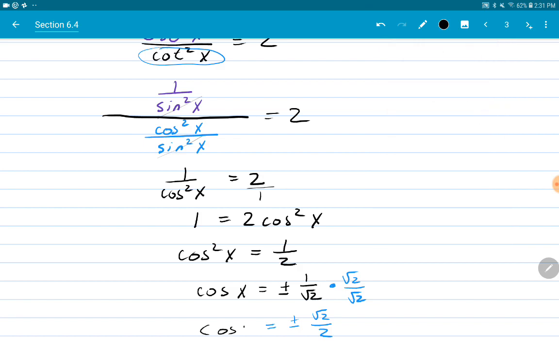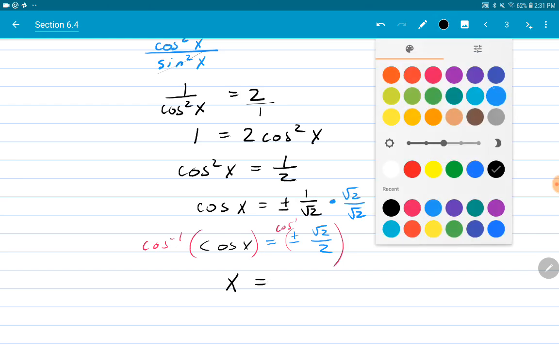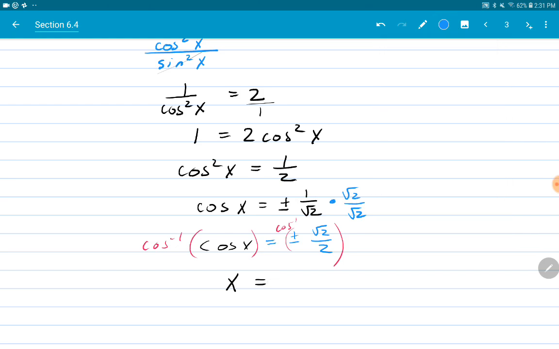And when is cosine of x equal to that? So I'll take the cosine inverse of both sides now. And on the left, I'm left with x. And on the right, cosine inverse, within our unit circle, because our domain is 0 to 2 pi, when is it positive or negative radical 2 over 2?